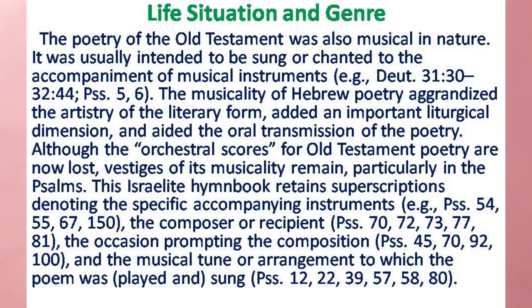They have specific occasions, for example Psalm 45, 70, 92, 100, and the musical tune and arrangement to which the poem was played and sung: Psalms 12, 22, 39, 57, 58, 80. So these are all examples of this idea.